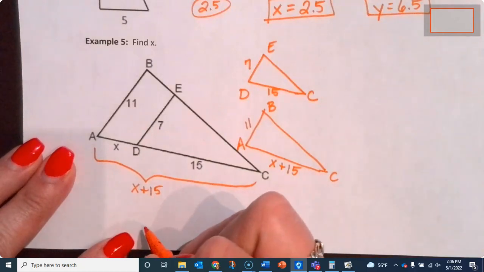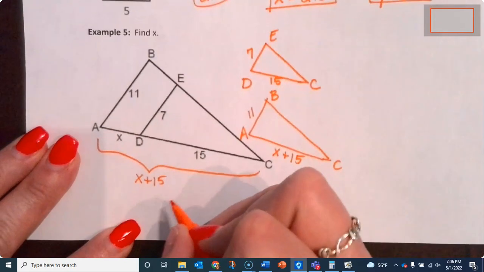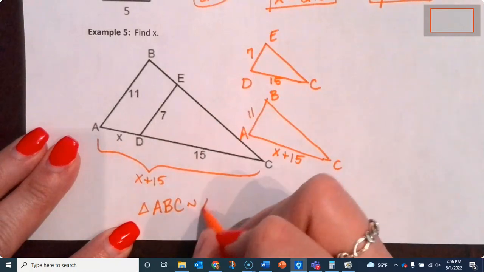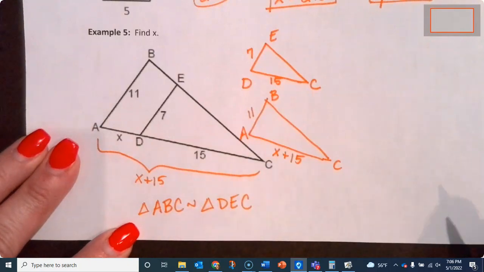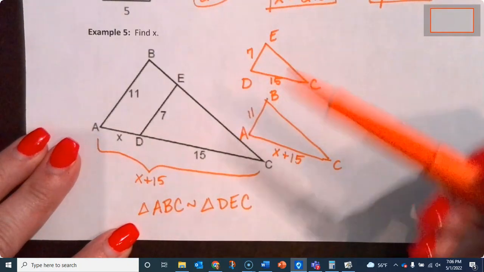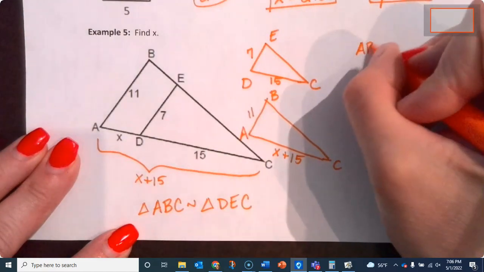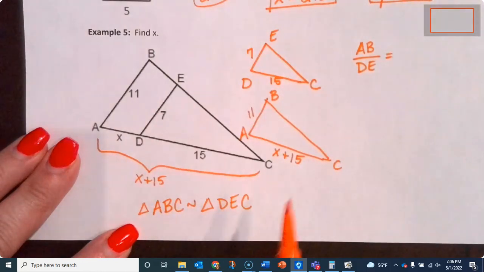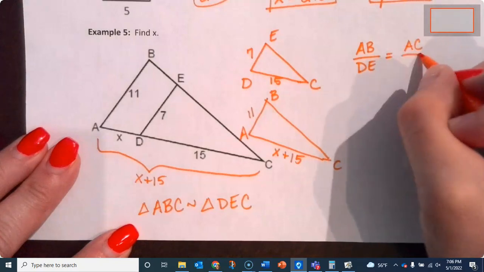Since we have letters with these vertices of these triangles, I would say triangle ABC is similar to triangle DEC. So based on that, setting up your proportions, side AB goes with side DE, and then AC over DC.